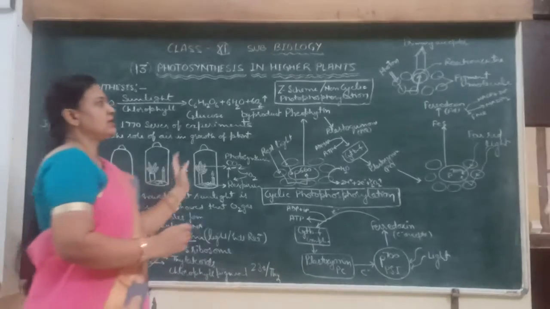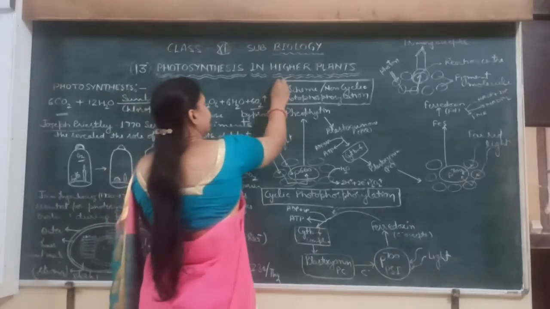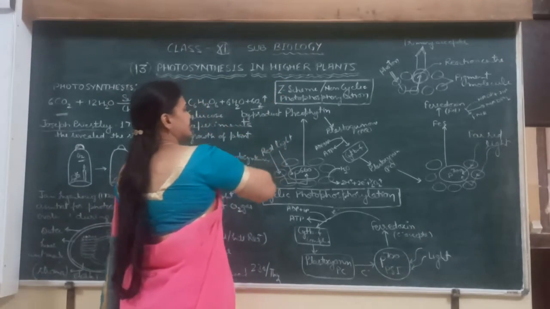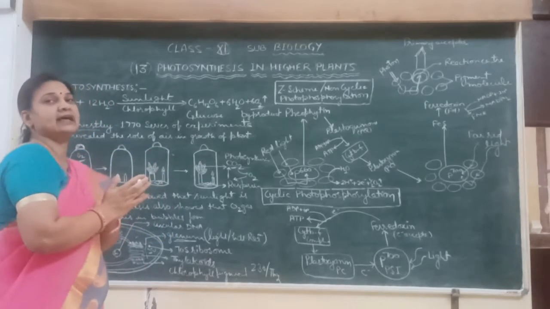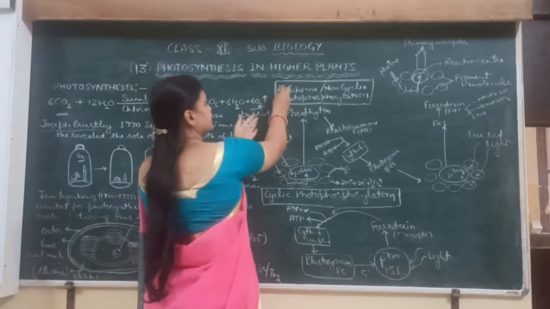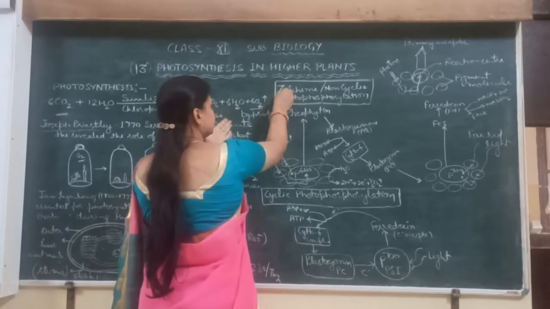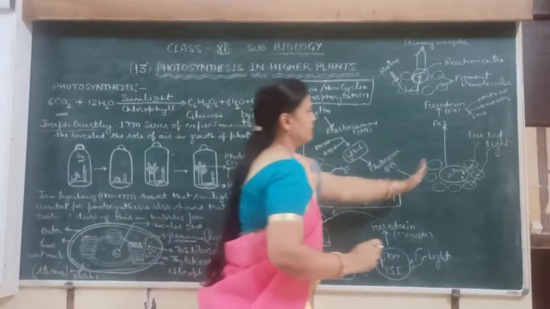Okay. Now we are starting the light reaction. We can divide the light reaction into two phases, that is cyclic photophosphorylation and non-cyclic photophosphorylation. The non-cyclic photophosphorylation is also known as the Z scheme, and during the Z scheme, what happens?